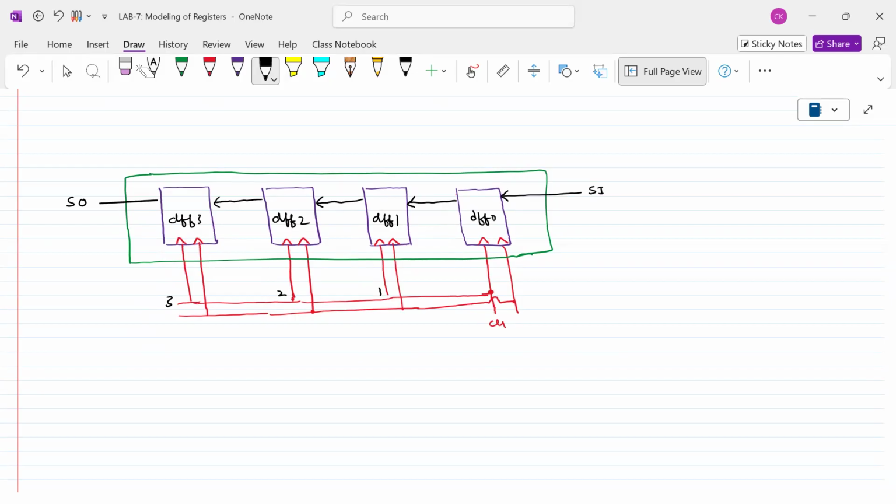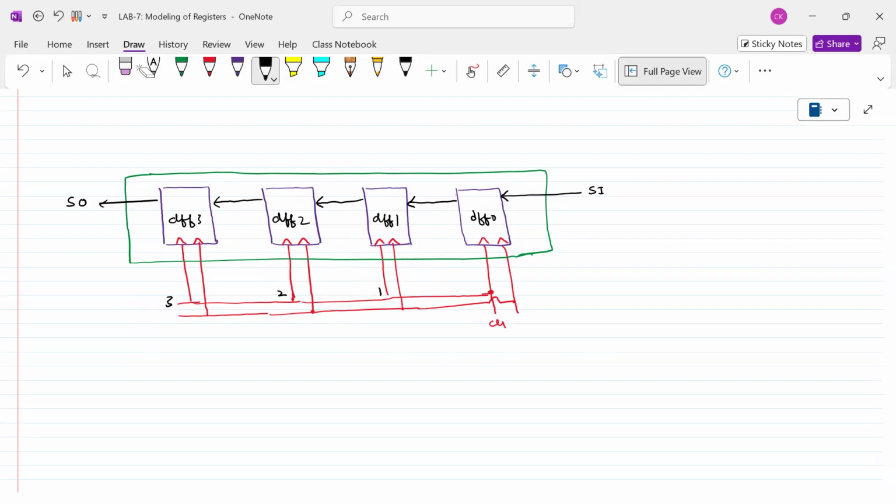Now, what kind of shift register is it? It is starting from right to left. Is it a shift left operation or a shift right operation? It is a shift left operation. We are moving to the left side.